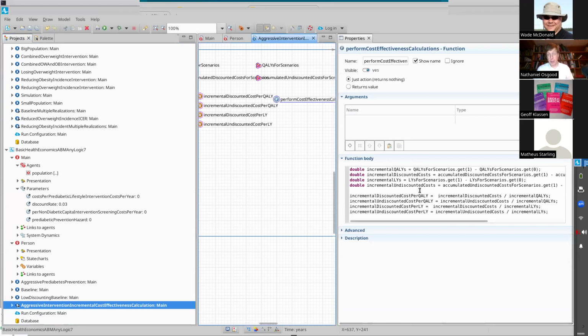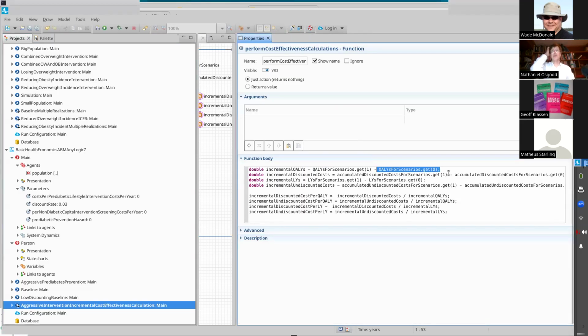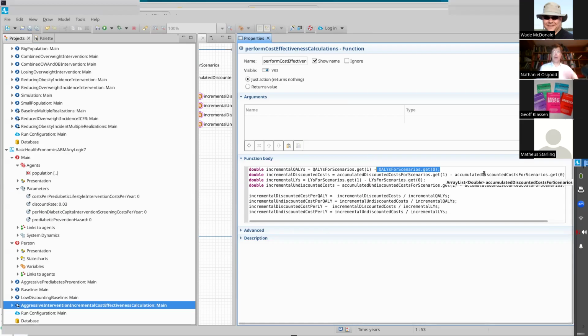In the incremental cost effectiveness calculation, not surprisingly, the incremental QALYs are the QALYs for the intervention minus the QALYs for the baseline. The incremental discounted cost, the extra cost borne by the intervention compared to the baseline, is given by a similar value for the intervention minus the value for the baseline.